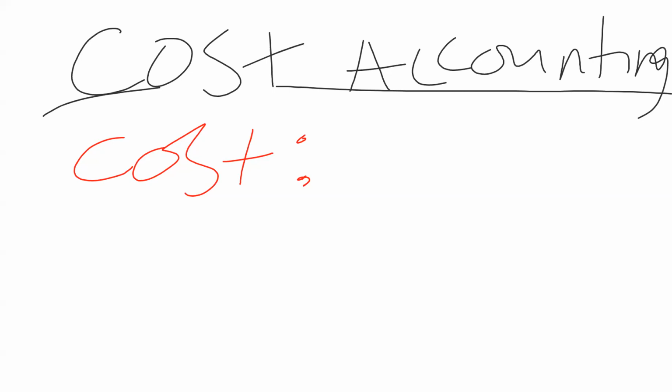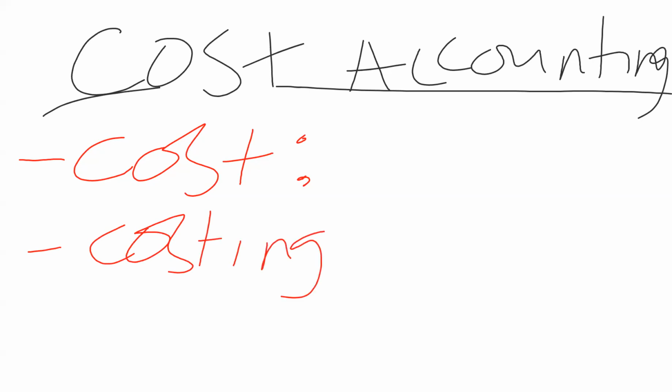Okay. What is costing? So costing is basically a settlement of costs. We have known what cost is. Then the ascertainment of costs, or the process of ascertaining, like knowing exactly what the costs are, that is called costing. So when you're costing, actually you are trying to ascertain the costs.